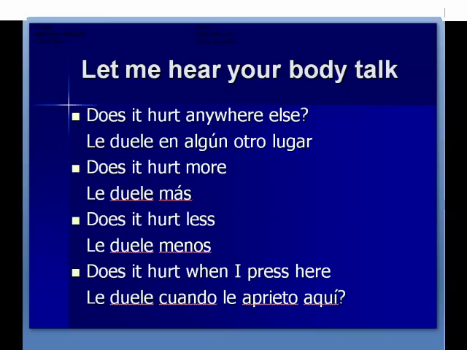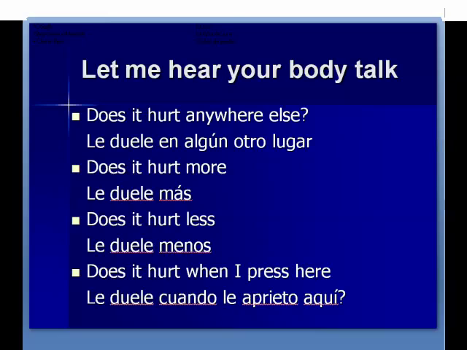Does it hurt anywhere else? ¿Le duele en algún otro lugar? Does it hurt more? ¿Le duele más?